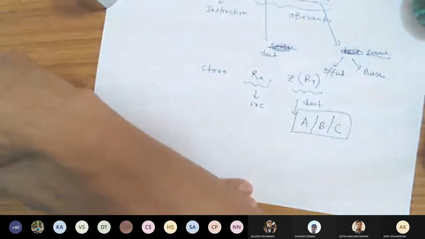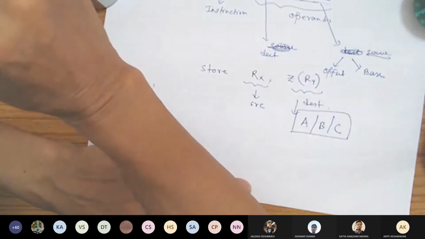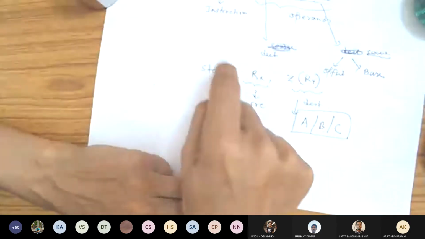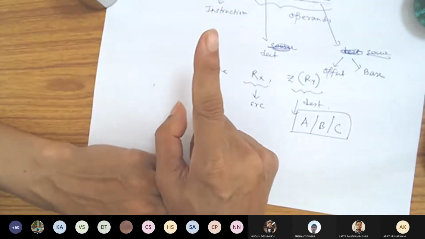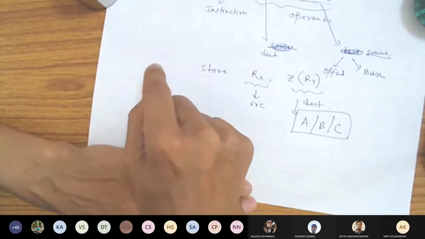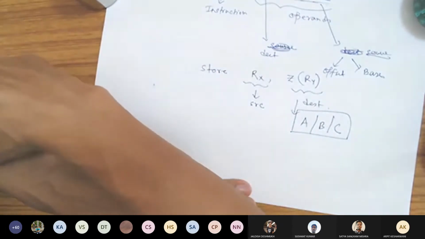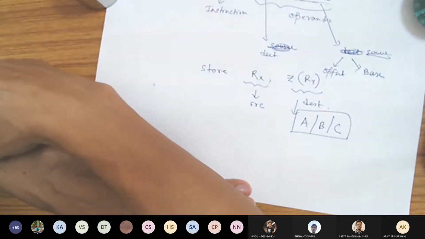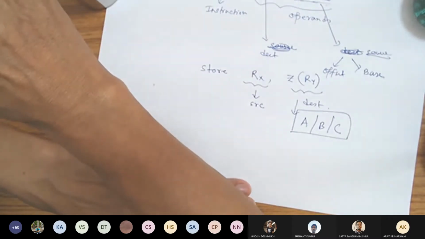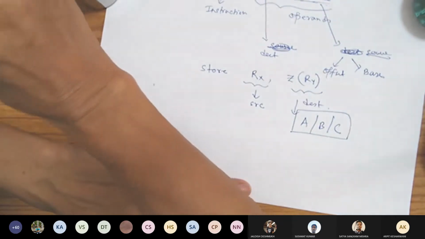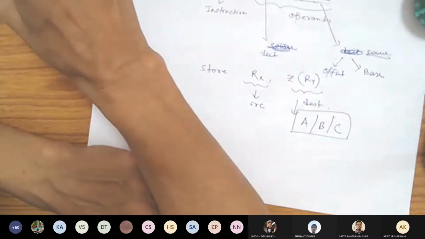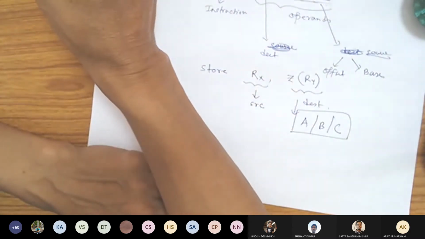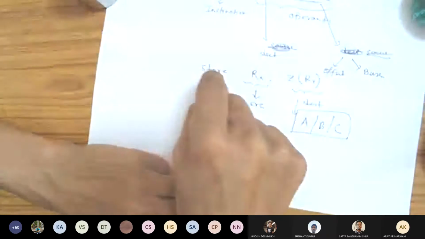In RISC architecture, these are the only two instructions which can be used to transfer data between memory and processor. There is no other instruction to facilitate data transfer between processor and memory. Either you have to use load or you have to use store.